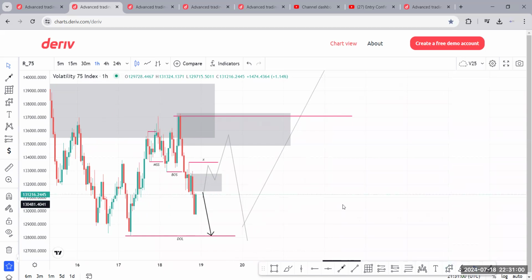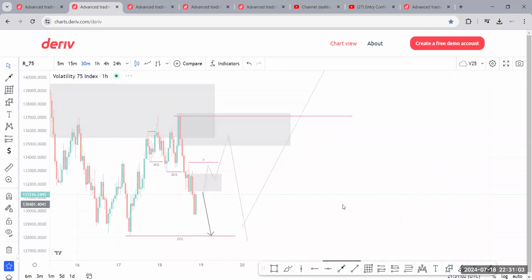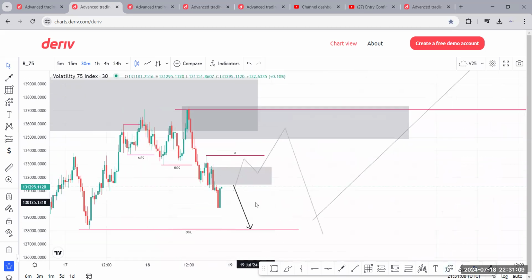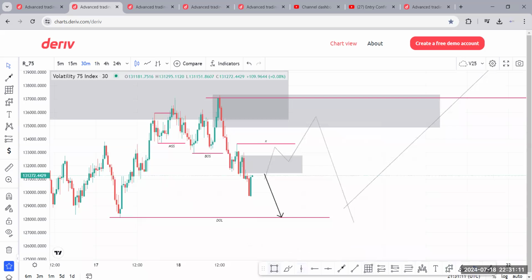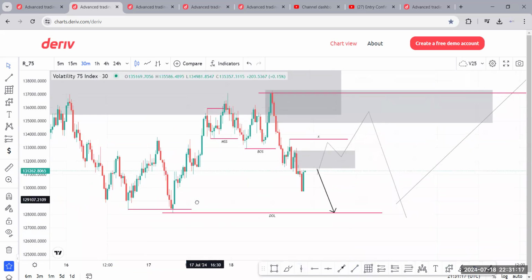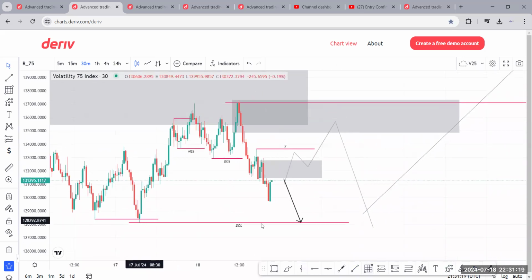So maybe about 30 minutes. It looks dicey here. Why? Because we took liquidity here with this low. We failed to break below the low with the candle body, and we went ahead to break this high.